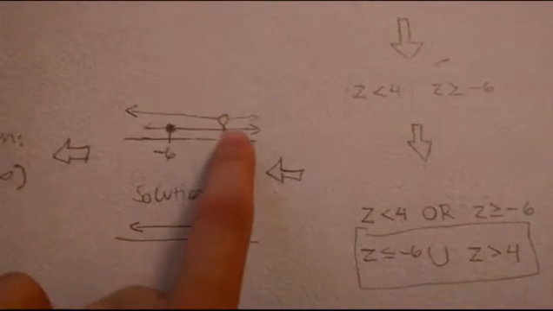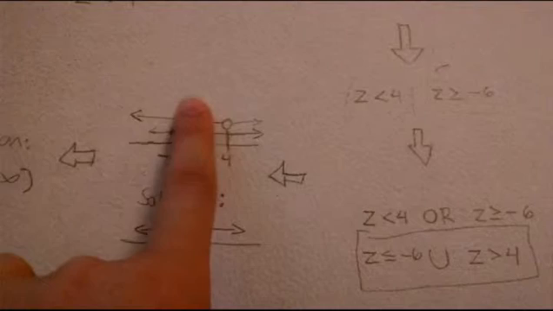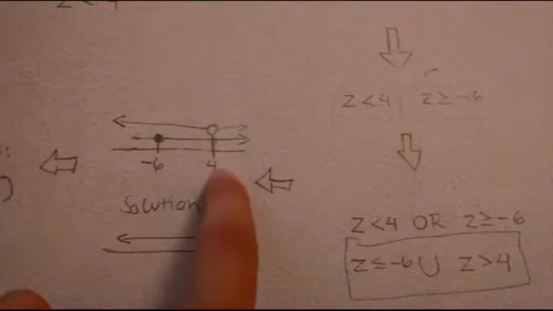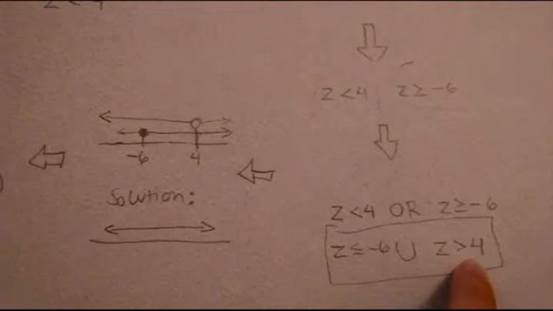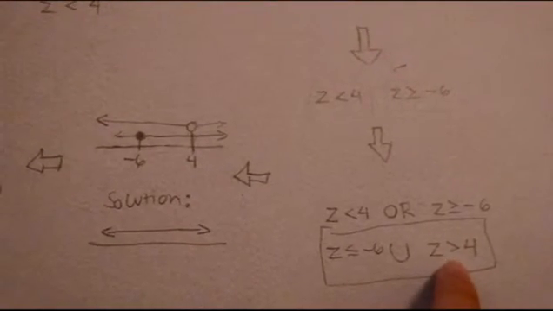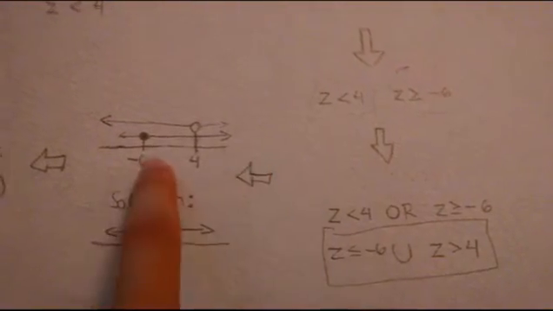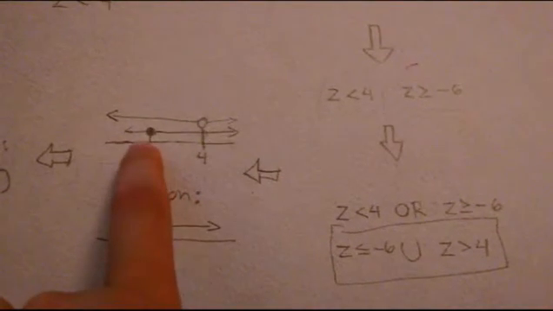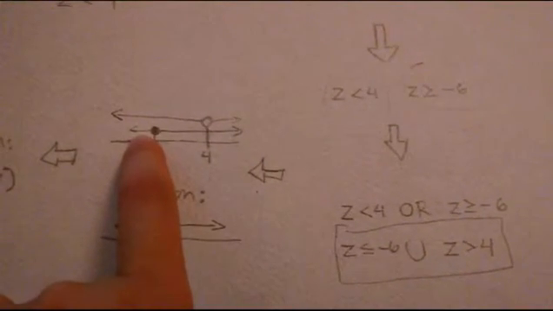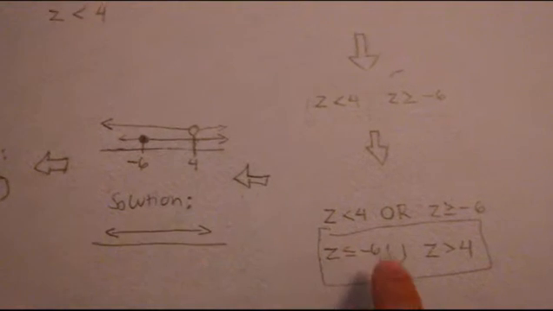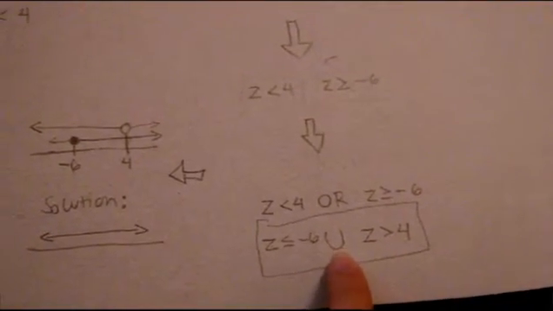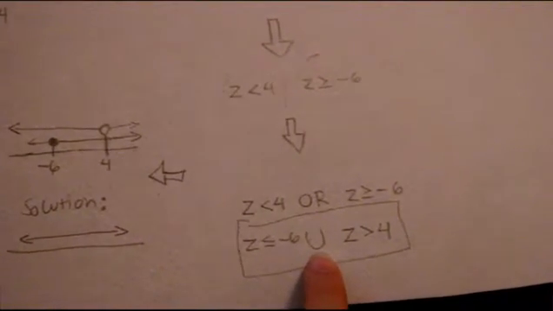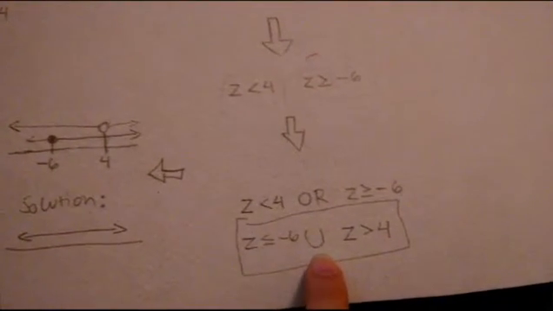So let's imagine that this does not exist, that the 4 is actually z is greater than 4, and that z is less than or equal to 6, then you would have this answer, which is represented with a U, that is the final answer.